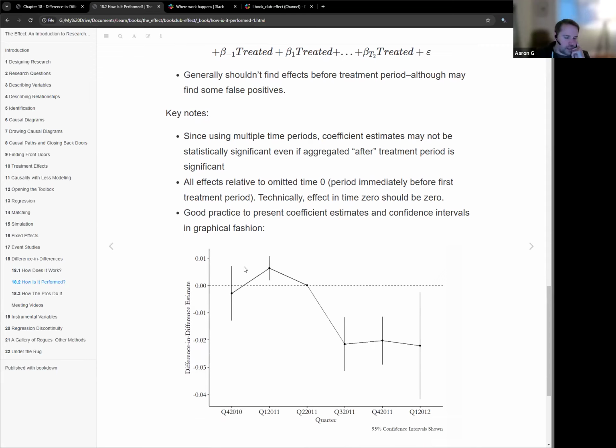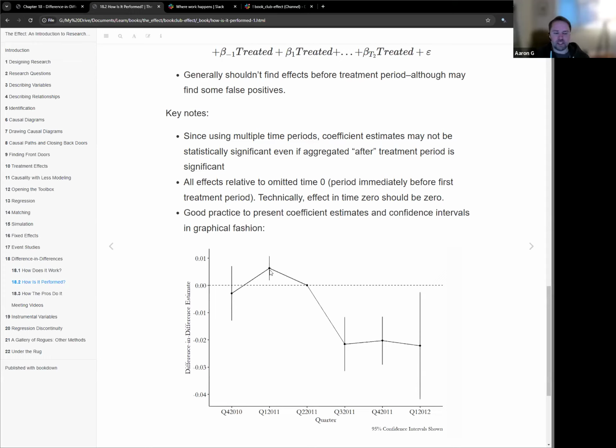And so in this case, this is a DID effect for multiple time periods, where I'm guessing Q2 2011 is your treatment period, or immediately prior to the treatment. We are capturing a statistically significant effect a couple periods before treatment. And that's, again, if you're measuring a bunch of periods pre-treatment, you may find that.